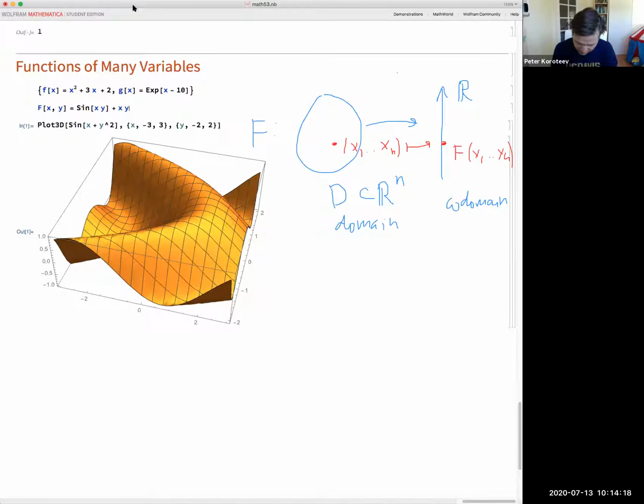So the range. Range f is the set of all values. It's a subset of, sorry, the codomain.